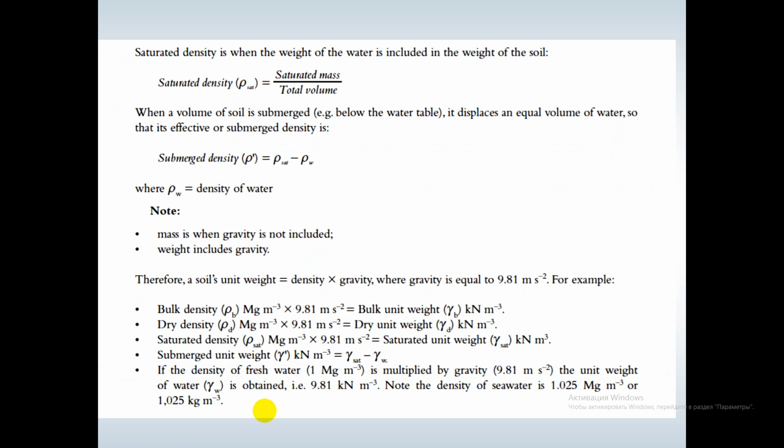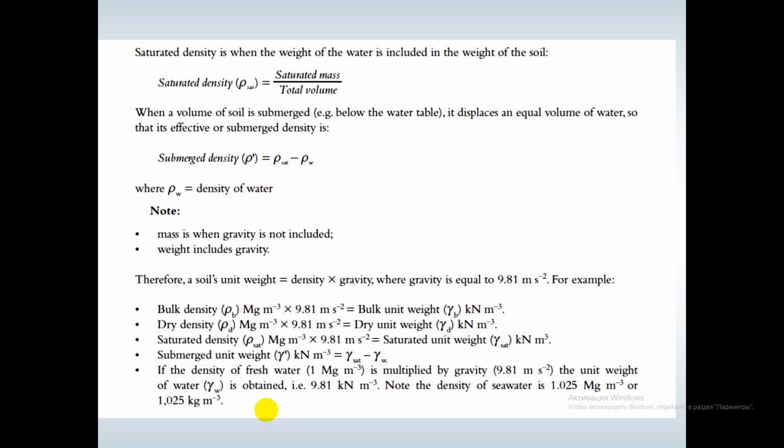Saturated density is when the weight of the water is included in the weight of the soil. Saturated density equals saturated mass divided by total volume.